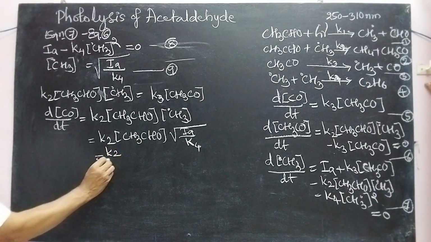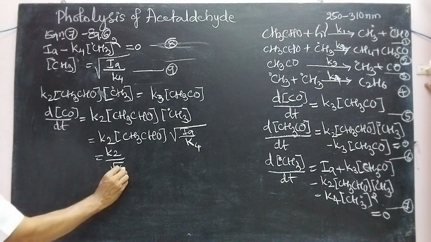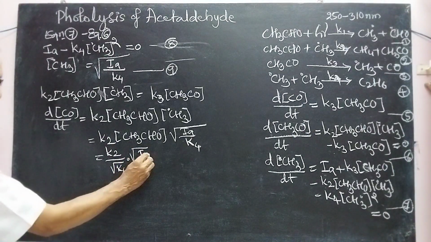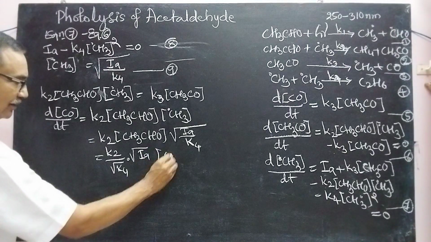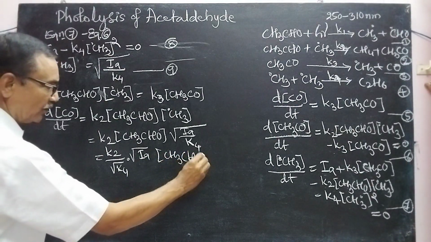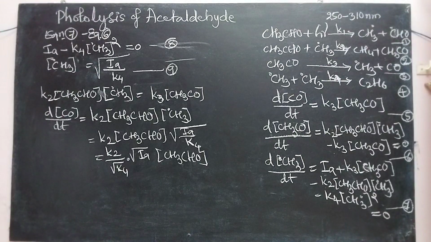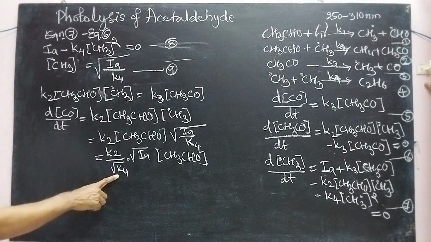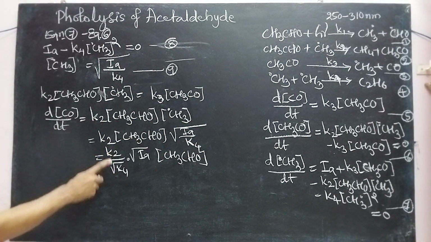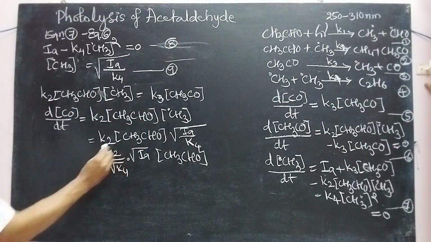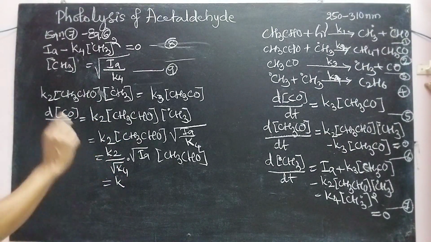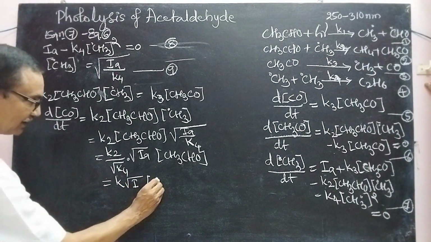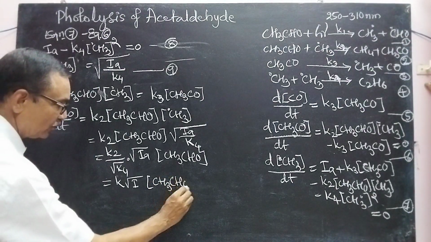That is K2 divided by root K4, and this is root Ia, the intensity of light radiation absorbed, and concentration of CH3CHO. Okay, thus this is one constant, the second reaction rate constant, K4 the fourth reaction rate constant, and the square root of a constant is a constant. Totally this may be substituted by another constant K, then root Ia, then concentration of CH3CHO.